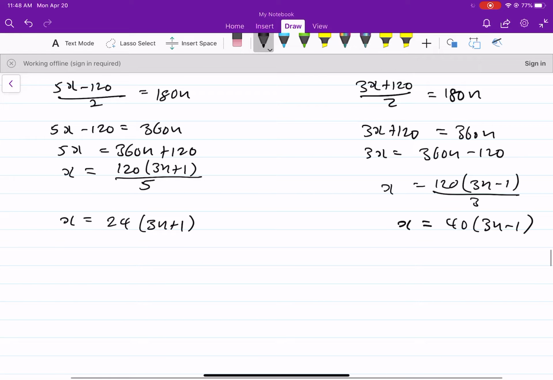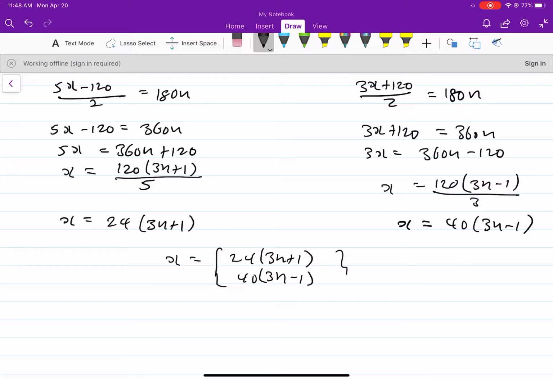Now, this is the general solution if you use this technique. X is equal to 24 into 3n plus 1 and 40 into 3n minus 1, where n is a member of the set of integers.